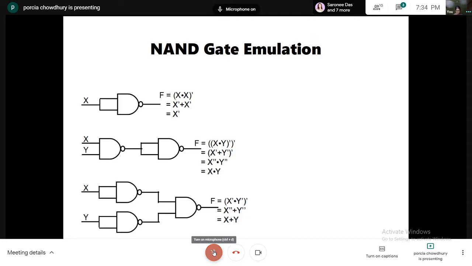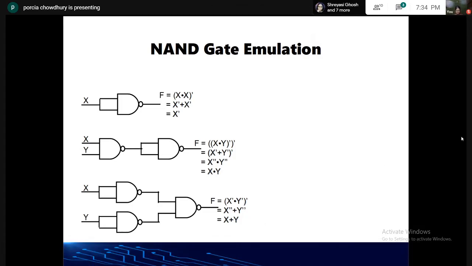Okay, so see where we are. The first one is the NOT gate, X to X bar. The second one is the AND gate, X, Y are your inputs and X dot Y is your output. And the third one, again X, Y are your inputs and X plus Y is your output.